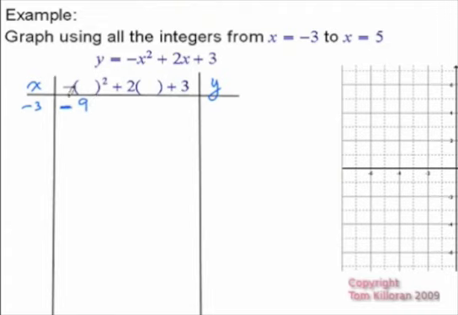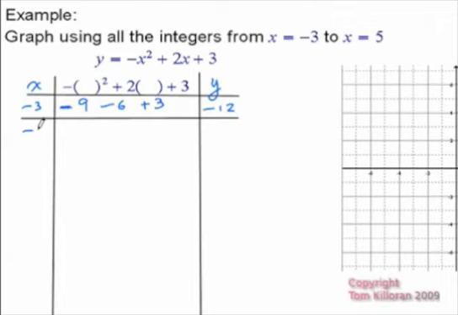Here we're going to have a +2 times a -3, that's better known as -6, and then we just have that +3 there. So let's see, that's -15 plus 3, that's -12. Alright, and I'm just going to separate these with lines so we can keep straight which one's which. Some of them might require a little bit more work.